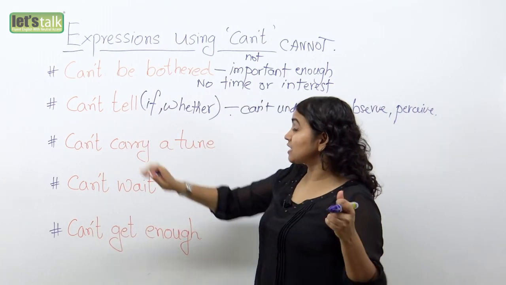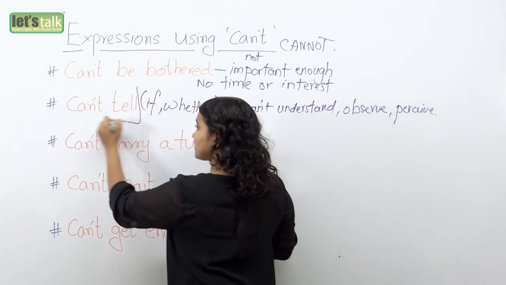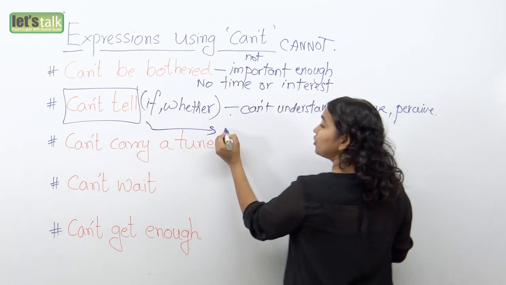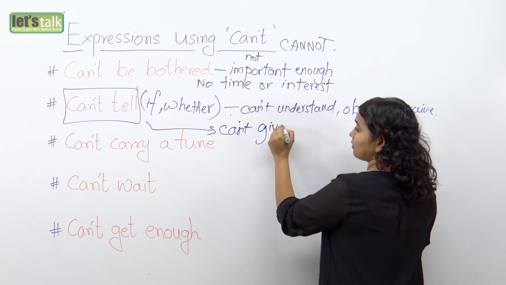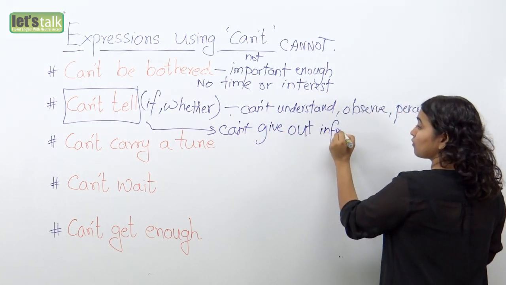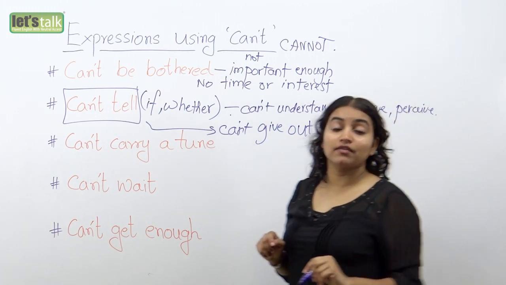But if this expression is used without this, if you use only this expression, it basically means you can't give out information, or basically you are not allowed to give out information.